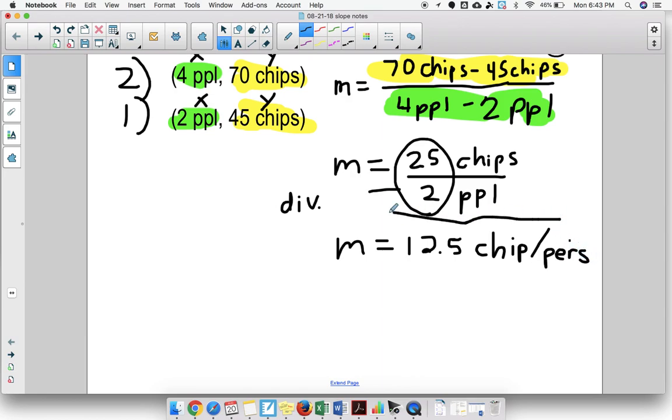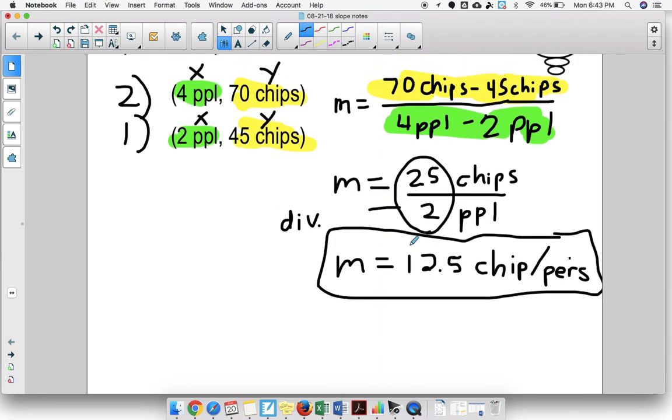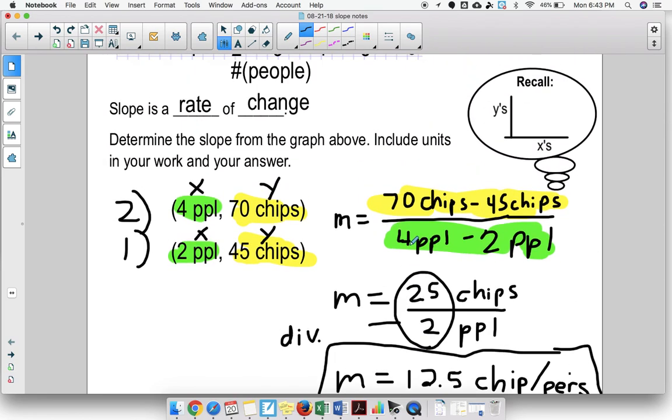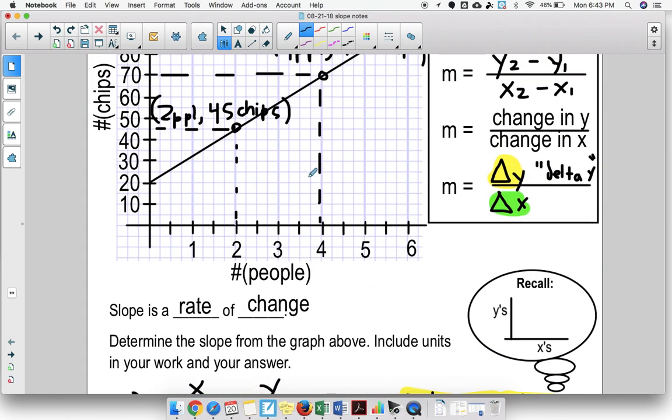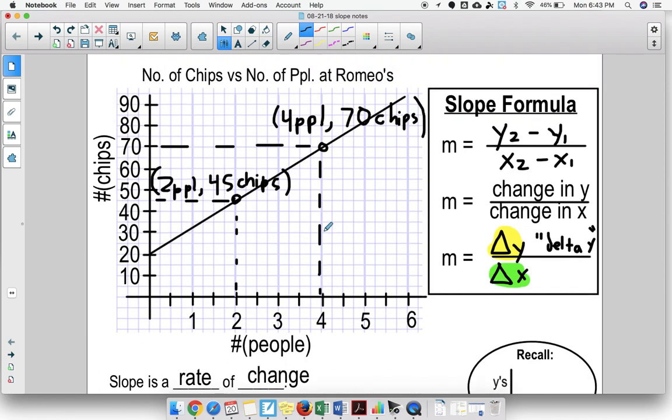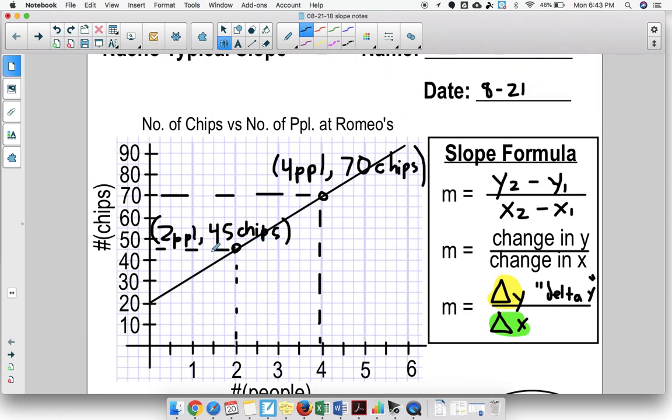So that means as another person shows up, after one extra person shows up at my table, we're getting about 12 and a half more chips. Let's see if that makes sense. So here, 2 people had 45. So by the time 3 people show up, we should be about 12 and a half bigger.